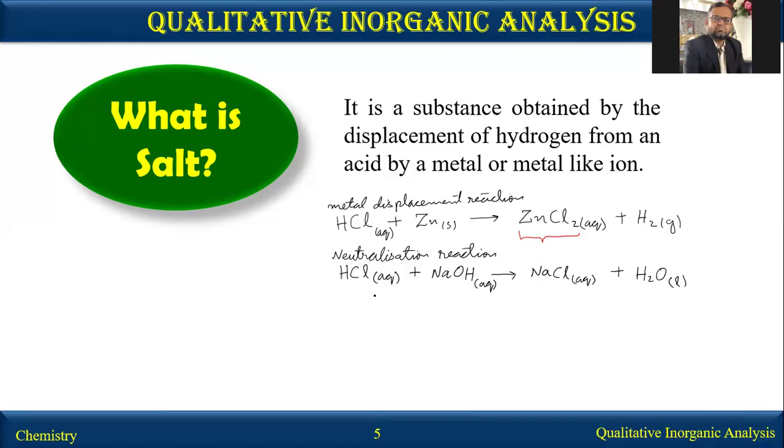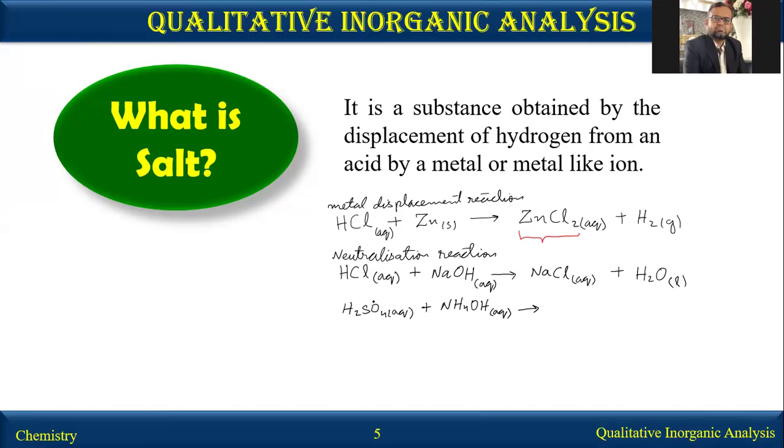If you see here, first see another neutralization reaction, for example, H2SO4 aqueous reacts with ammonium hydroxide. Ammonium hydroxide is considered as metal-like ion. This is not metal, but metal-like ion. In solution, it behaves like a metal ion. So that's why such an ion is called metal-like ion.